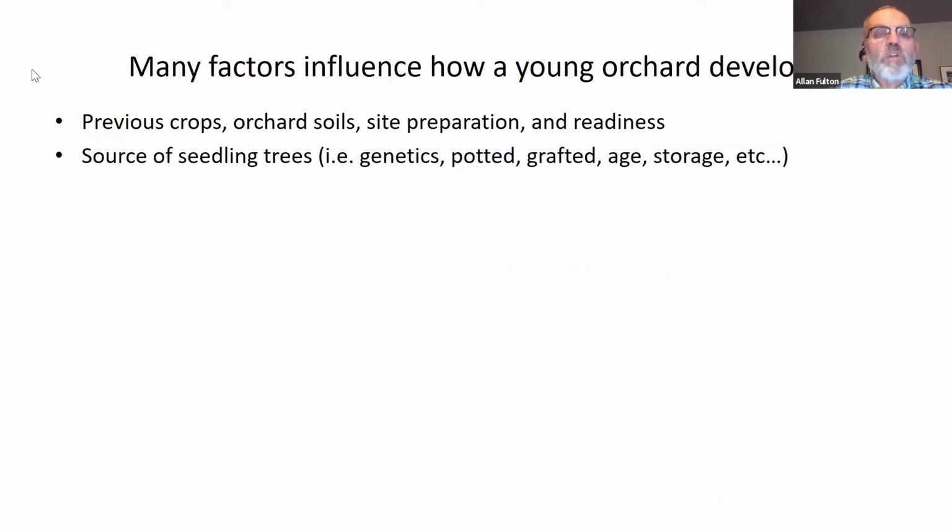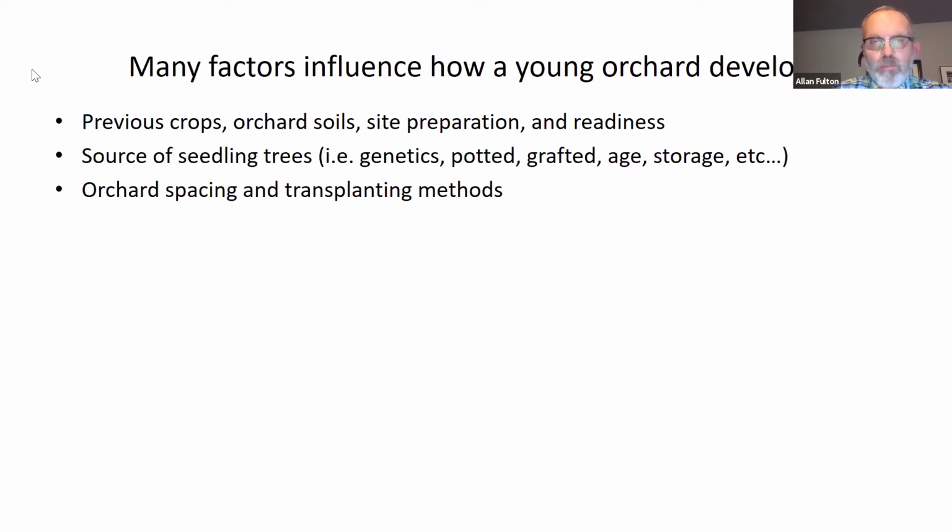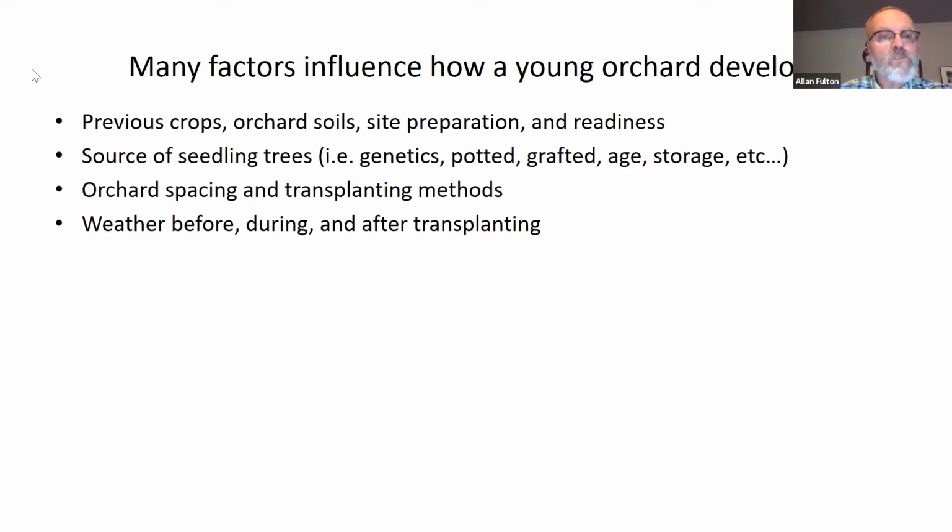Other factors include sources of seedling trees, the genetics. Are the transplant trees potted? Are they grafted? Their age, have they been in storage, and if so, for how long? Orchard design, the orchard spacing, and your transplant methods will have some bearing on how quickly the orchard fills in its space.